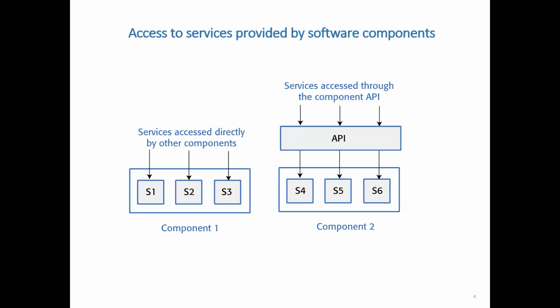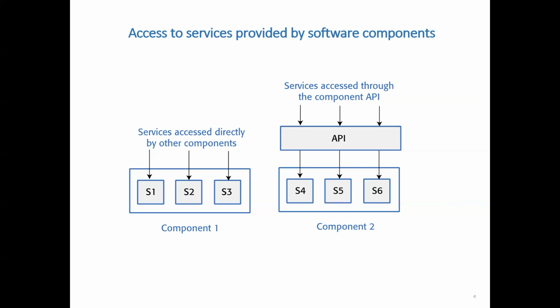On the right, we see component 2, which takes a better engineering approach. Here, services like S4, S5, and S6 are only available through a dedicated API. This API defines what the outside world can interact with without revealing the internal structure. Why is this better? Because the API acts as a protective interface.